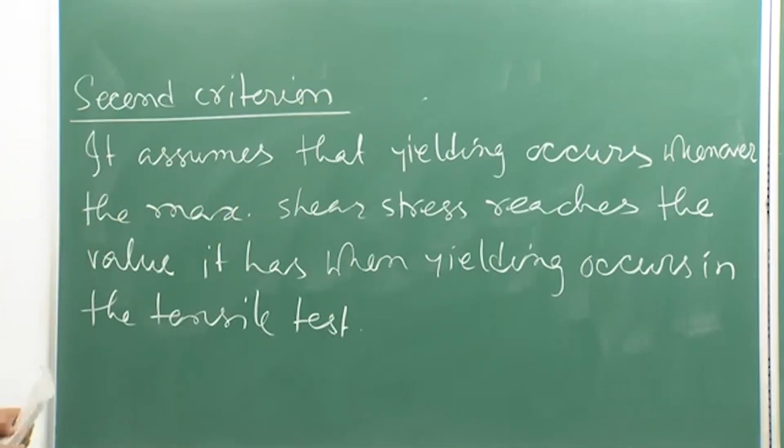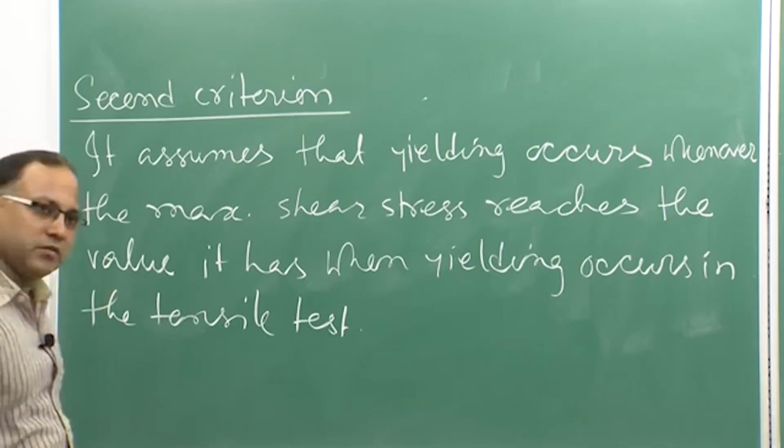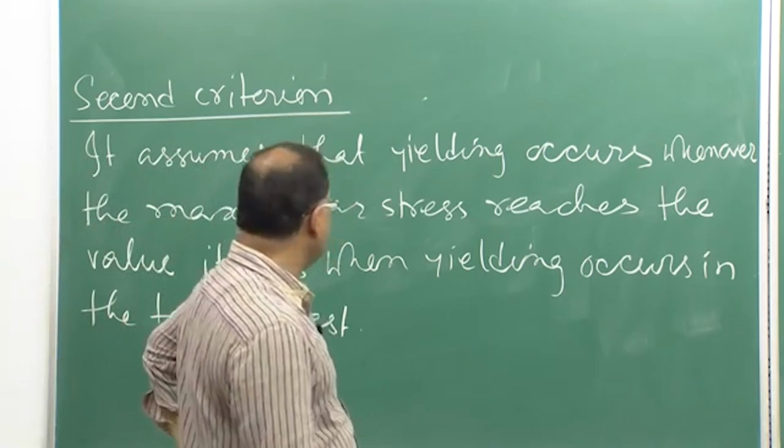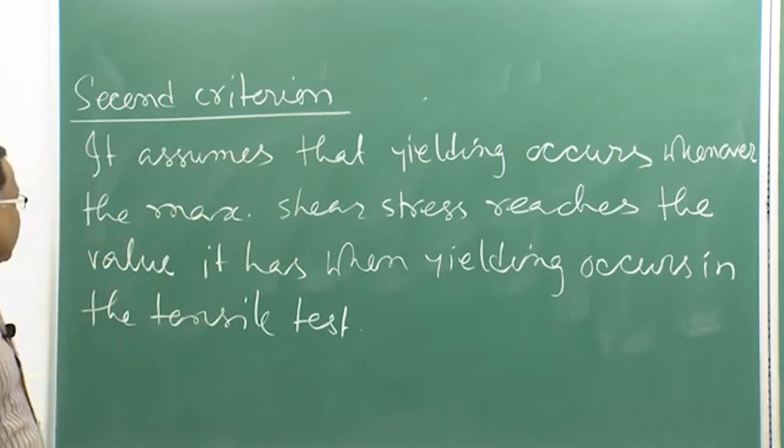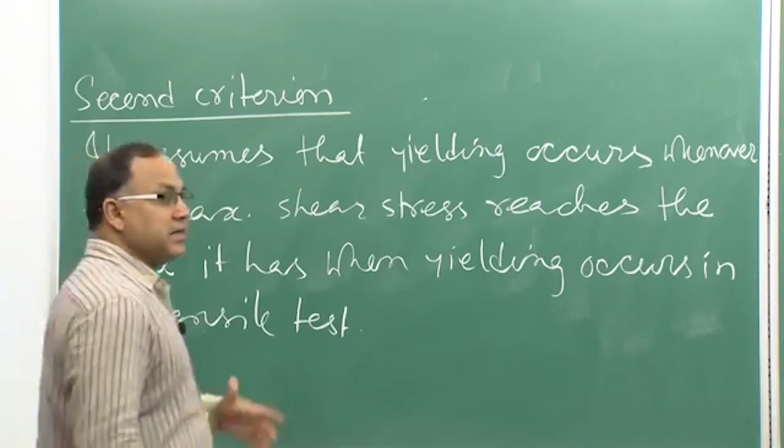Okay. The second criterion says that it assumes that yielding occurs whenever the maximum shear stress, by this time you know what is your maximum shear stress and when you will get it, reaches the value it has when yielding occurs in the tensile test.